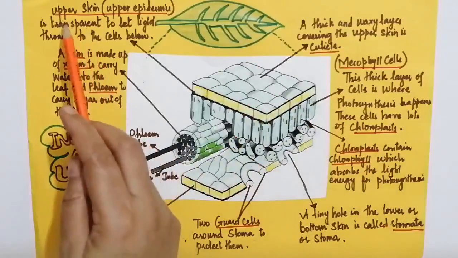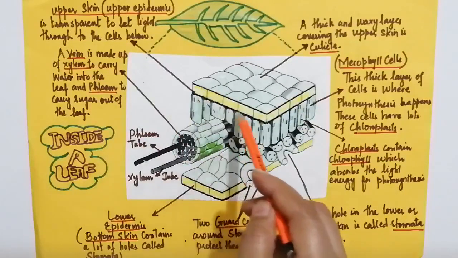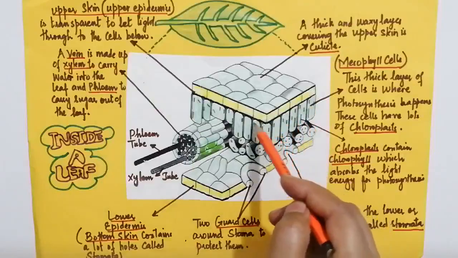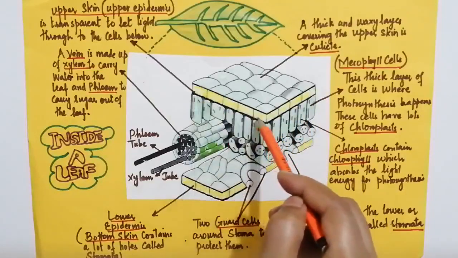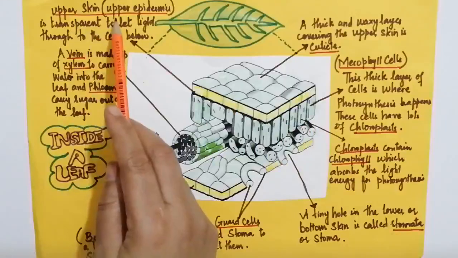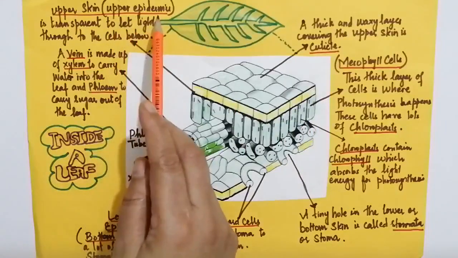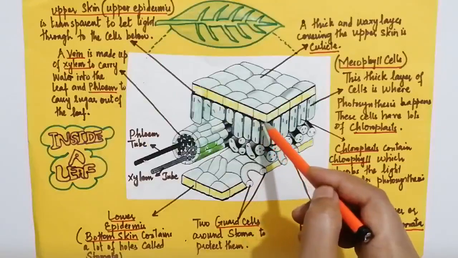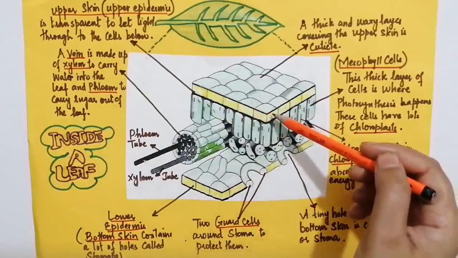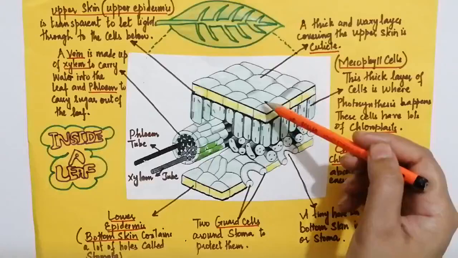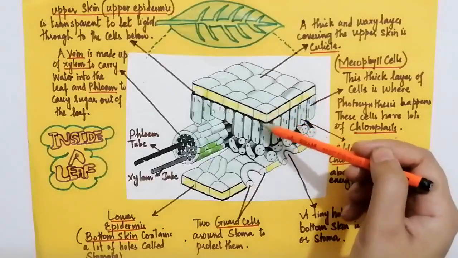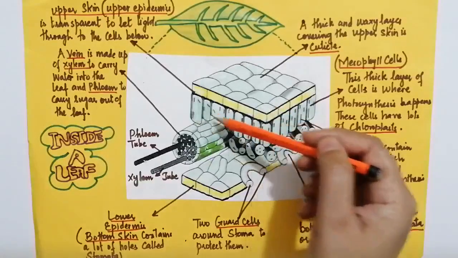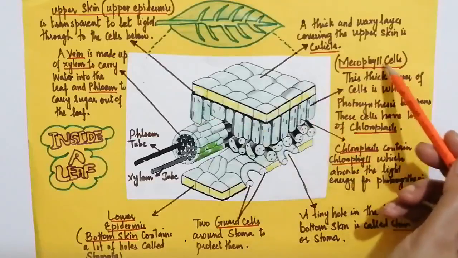Starting from the upper skin, here you can see the yellow layer, and these cells are called upper skin cells or also called upper epidermis. It is the transparent layer which allows the light to pass through them, and light reaches up to the cells which are present below this layer, and these cells are called mesophyll cells.